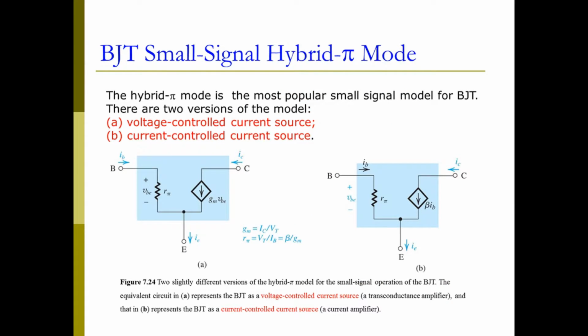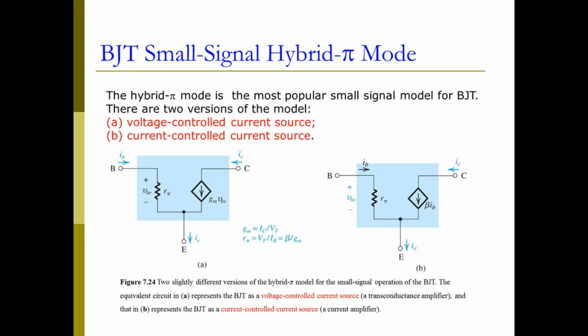Now with this R pi and this RE value, we can develop the small signal analysis model for the BJT. The first one is called the hybrid pi model. The hybrid pi model is a very popular model for small signal analysis of BJT. Now there are two versions of this model.